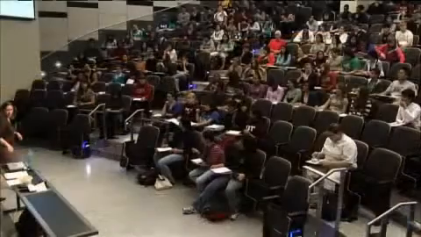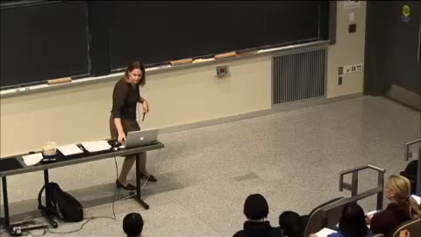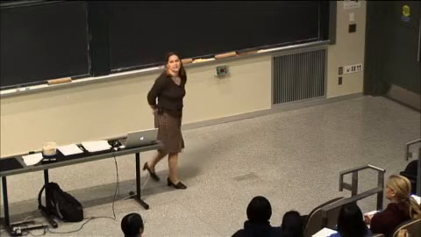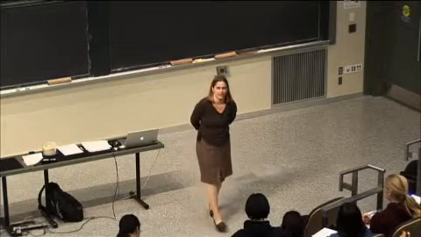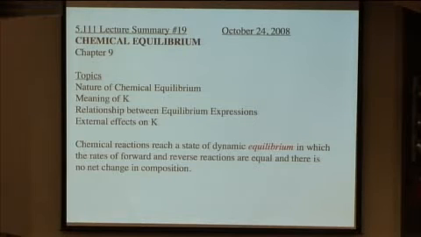Okay. All right, so we're not going far from thermodynamics. We're going into chemical equilibrium, and we're going to be talking a lot about delta G. So if delta G is not your friend yet, don't worry. You can still bond with delta G. All right.